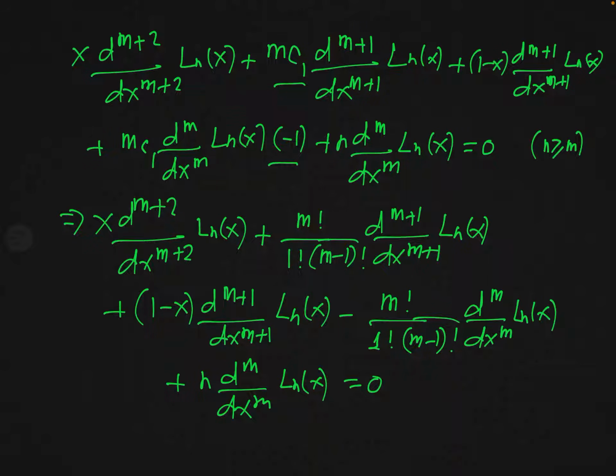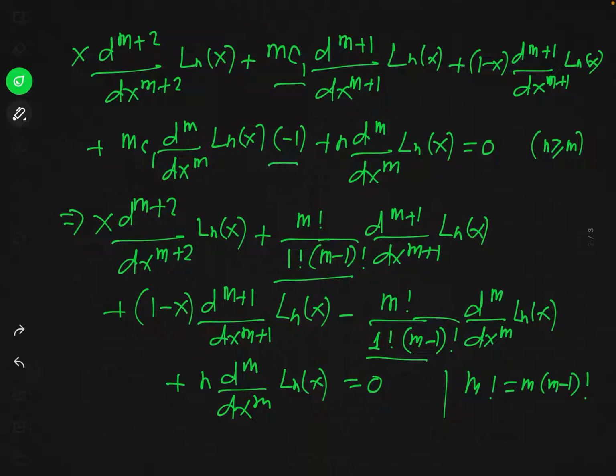Now you know m factorial can be written as m times m minus 1 factorial. So in this factorial term, m minus 1 factorial will cancel out and only m will remain here. Similarly here also only m will remain. So we can simplify this expression in this way.